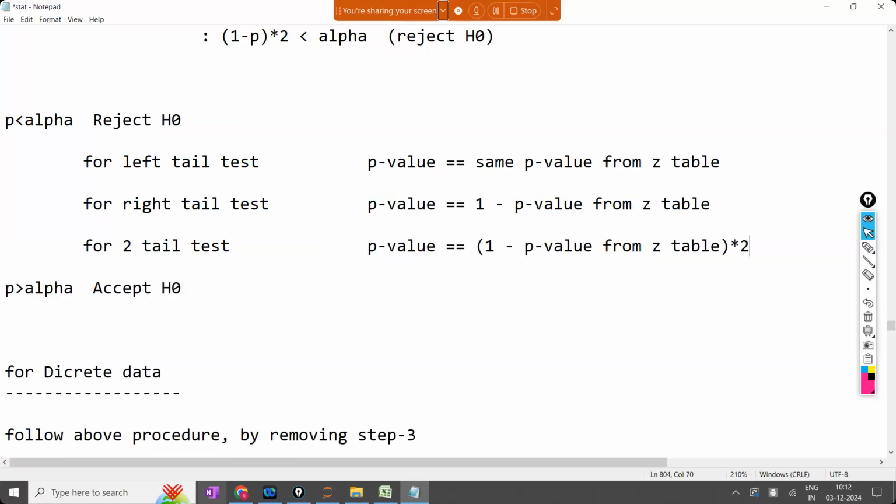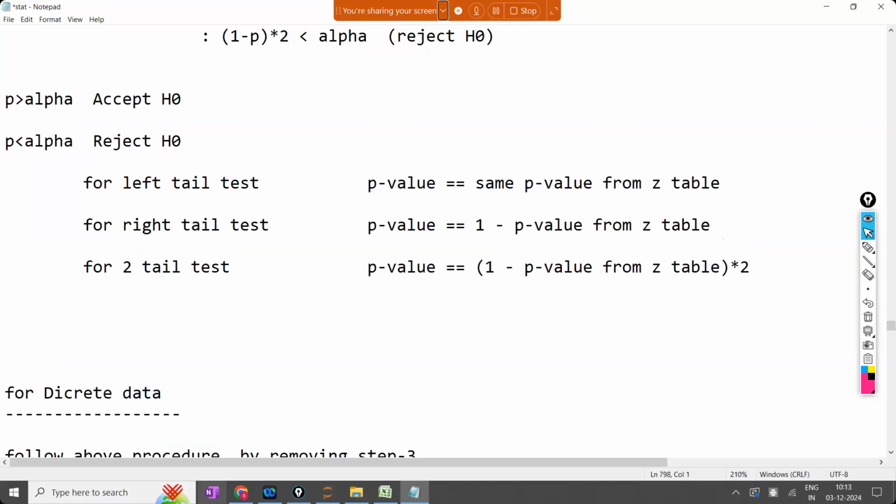That is your P value. Clear? Directly we can't take the Z table value. We have to do 1 minus P, and based on that you are going to accept or reject the null hypothesis. Is that finally clear? Yesterday, whoever asked the question, is it clear?